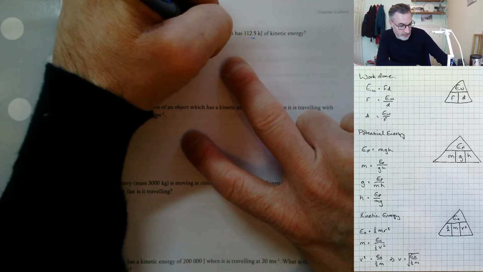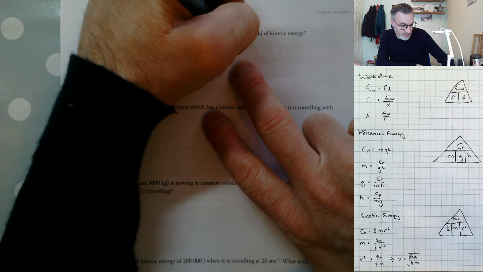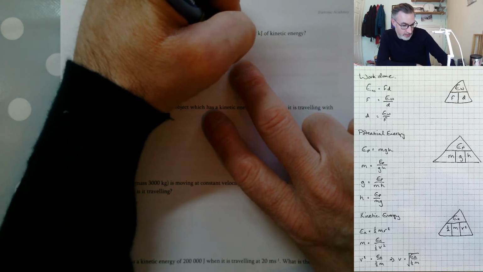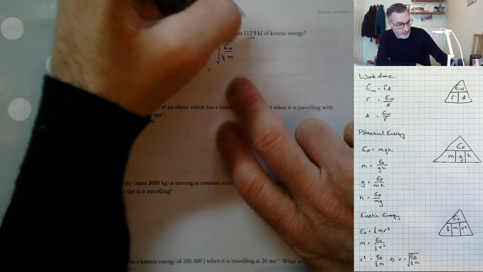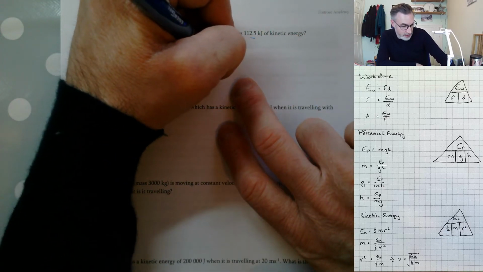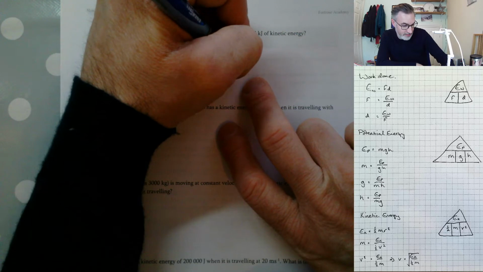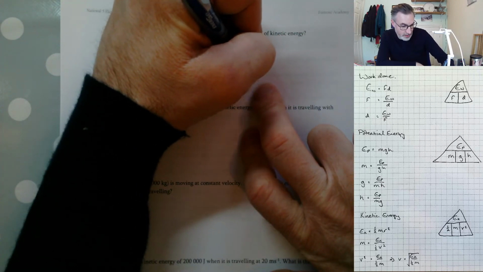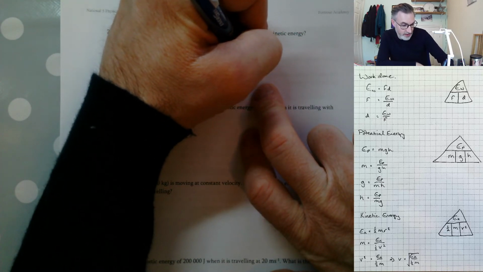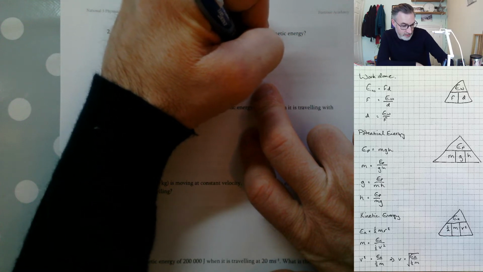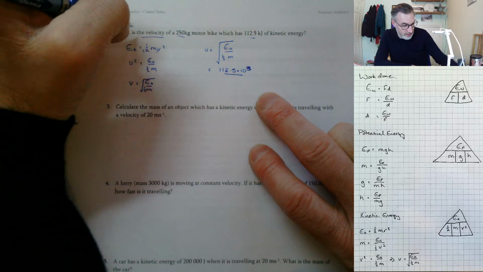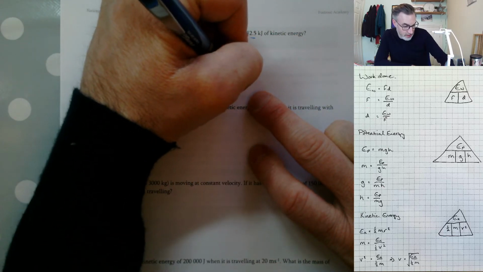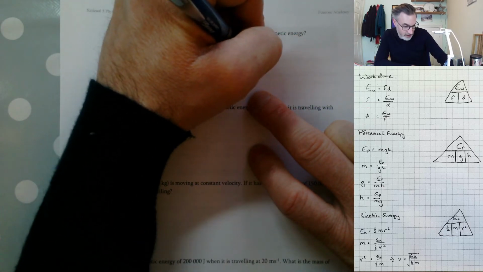So to find velocity, square root of EK over half m, which gives us now 112.5 kilojoules. I'm just going to do 112.5 times 10 to the power of 3 divided by half times 250.